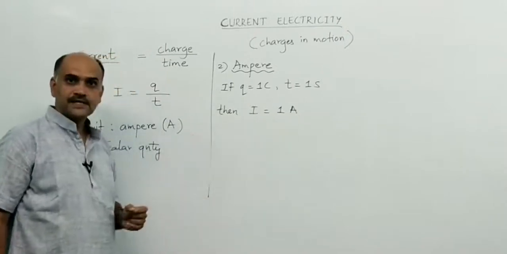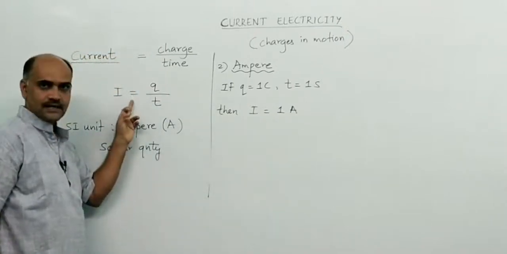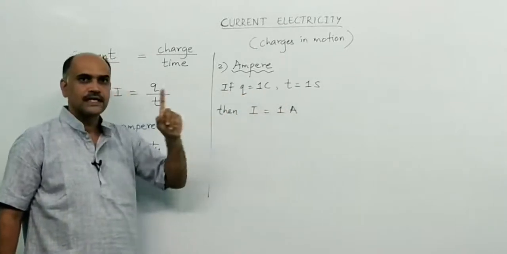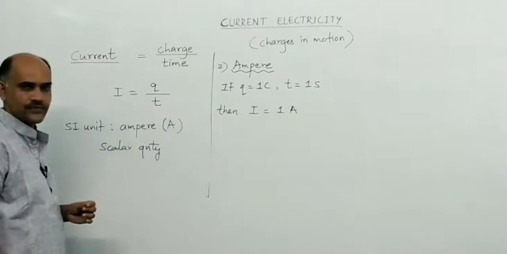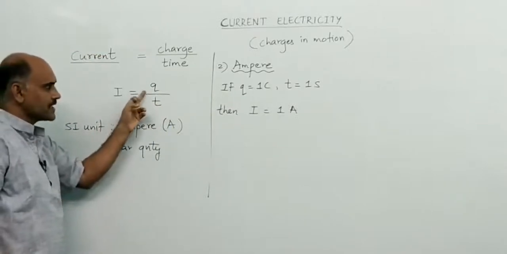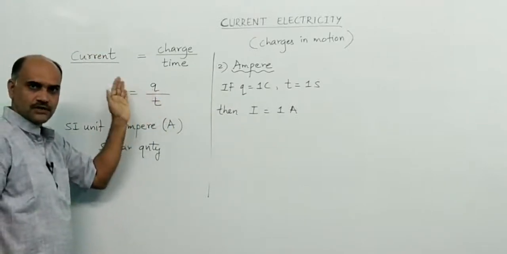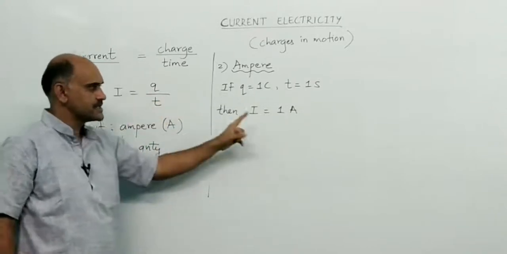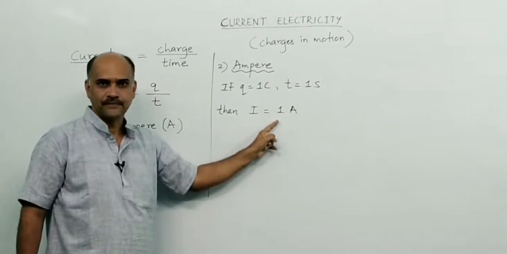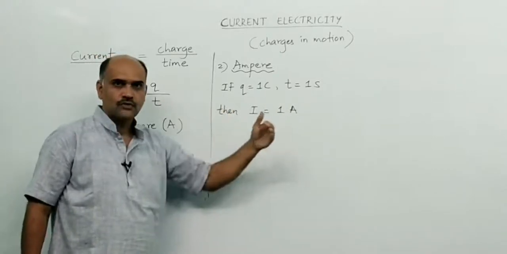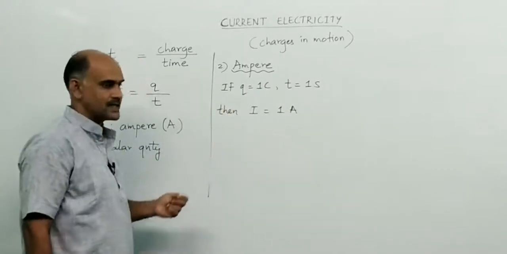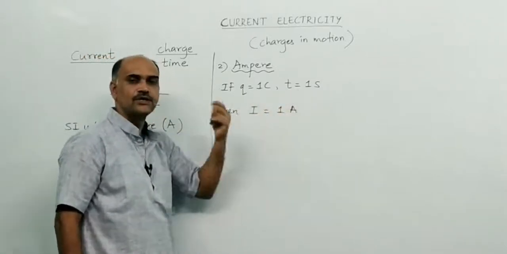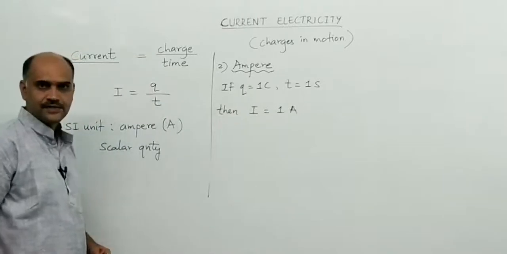So ampere is defined as the current when the rate of flow of charge through a conductor is 1 unit. Or you can say, if 1 coulomb of charge moves across a conductor in 1 second, then current is said to be 1 ampere. Clear, students?